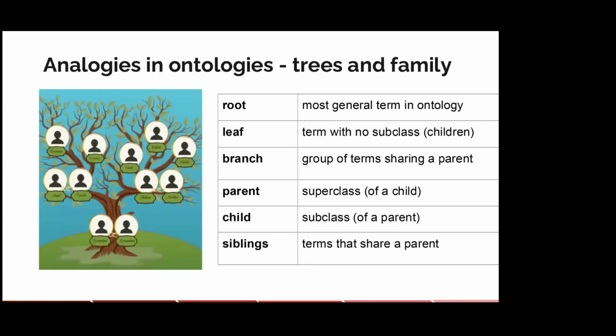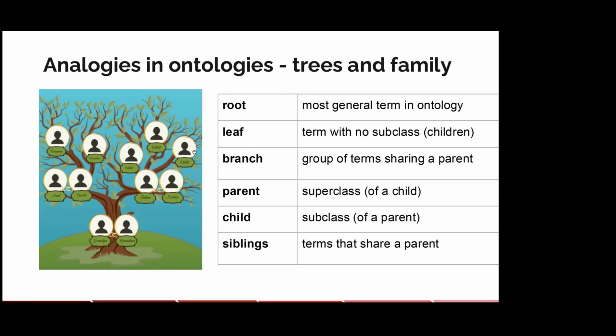I just want to make sure that everybody's familiar with these concepts, because ontologies are organized roughly as trees. And so often we use either the plant tree or a family tree as analogies when we talk about different relationships of terms to one another.